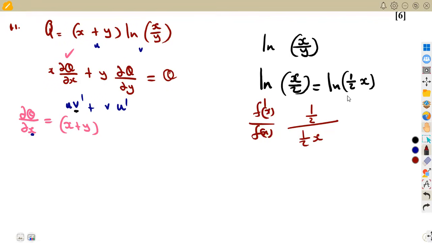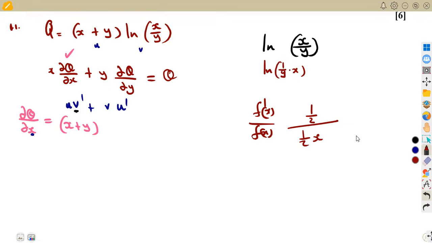This is the same thing that you have here, x over y. Instead of writing it like this, it is the same as ln of 1 over y times x. So it was going to give us the same thing here, 1 over y over 1 over y times x. At the end, this was going to cancel, and you remain with 1 over x.